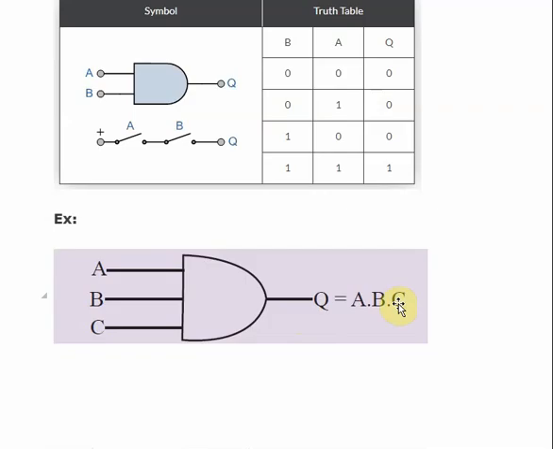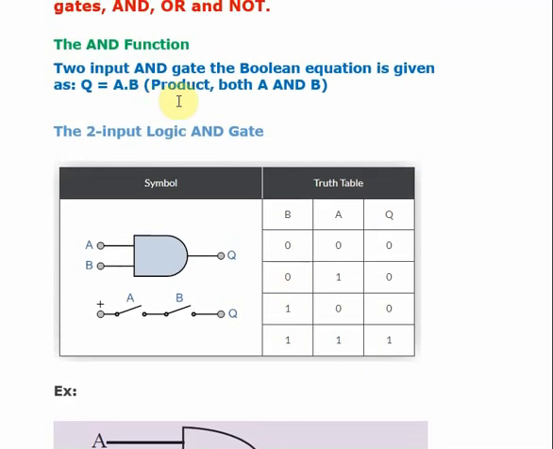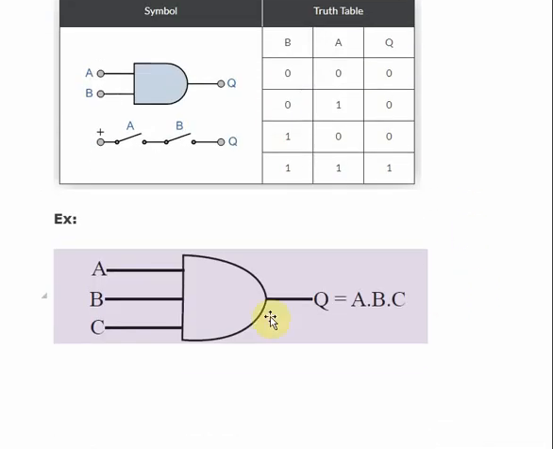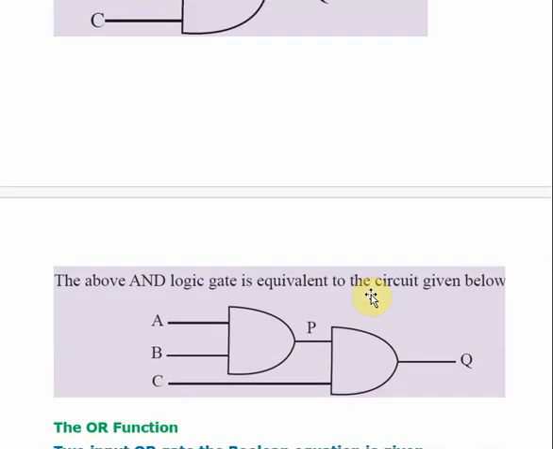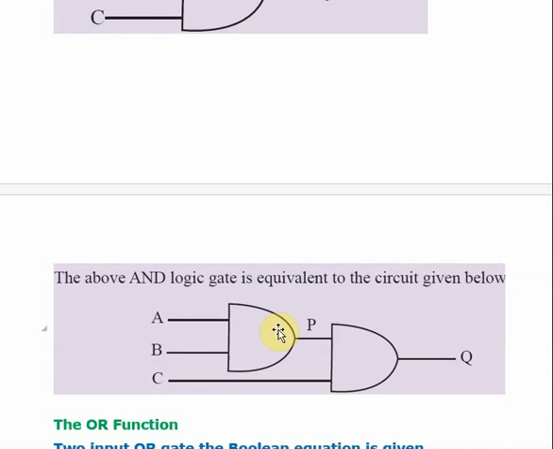Product means like multiplication: A dot B dot C, or A dot B. Here the product of both A and B is A dot B. You can write it this way also, it is the same. Here A and B, then we AND with C, giving A dot B dot C.